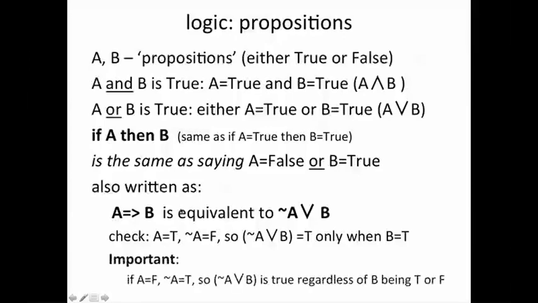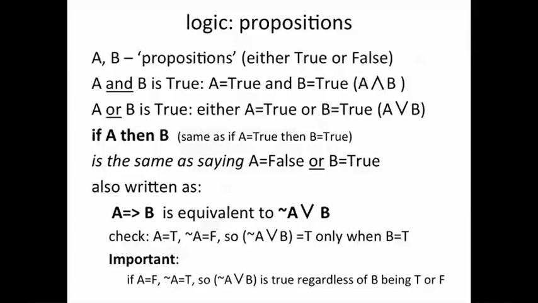On the other hand, if A is false, then not A is true. So the statement not A or B is always true, regardless of B being true or false. So the rule that A implies B remains true whatever be the value of B in the situation that A is false, which is also fine because a rule must remain a rule regardless of the values that variables or propositions take.